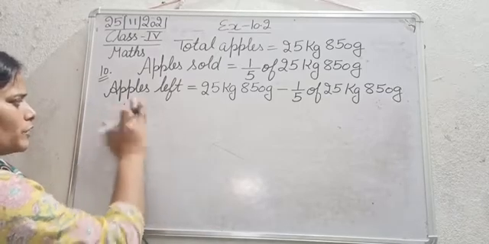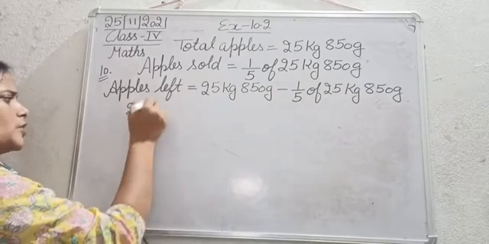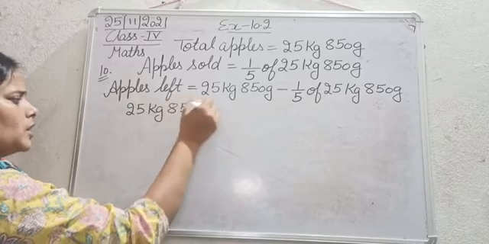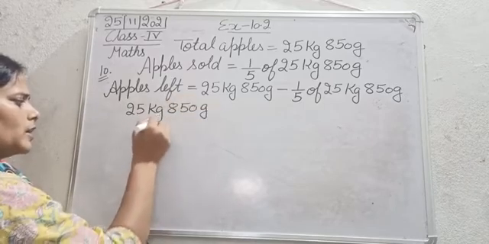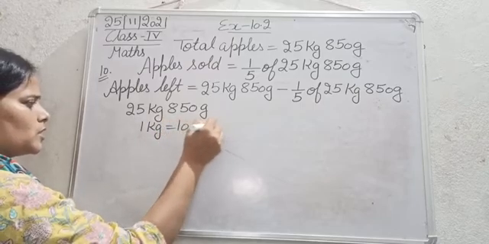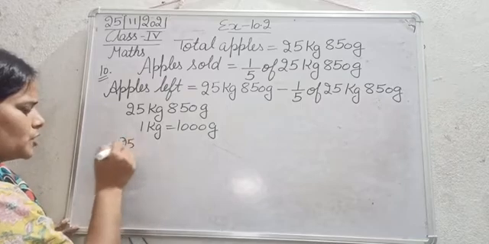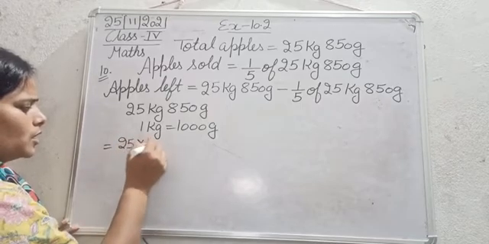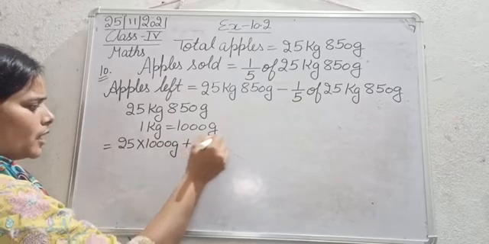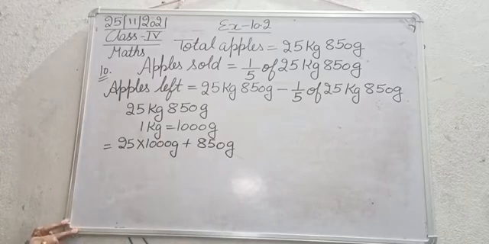Sorry, first of all we need to convert to find the 1/5. So again 25 kg 850 gram. 1 kg is equal to 1000 grams. Okay, so 25 kg will be multiplied by 1000 to convert it into grams plus 850 gram.